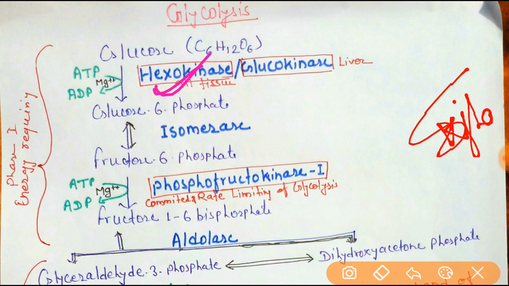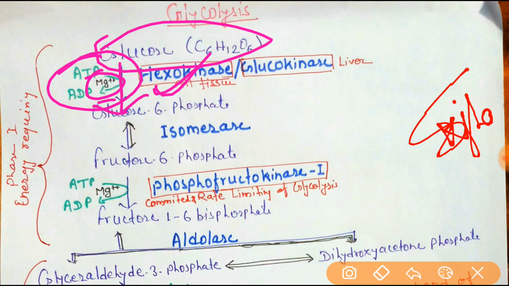Here ATP is required for the transformation of glucose to glucose 6 phosphate, and magnesium is required for this reaction. This reaction is irreversible. That means glucose is converted into glucose 6 phosphate, which can't go back to glucose.